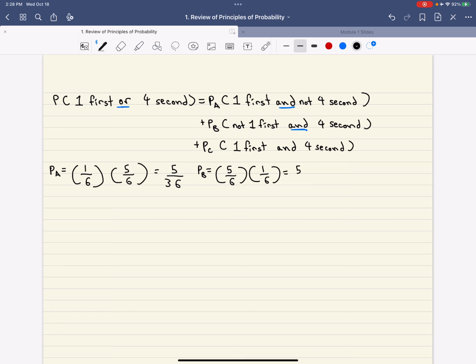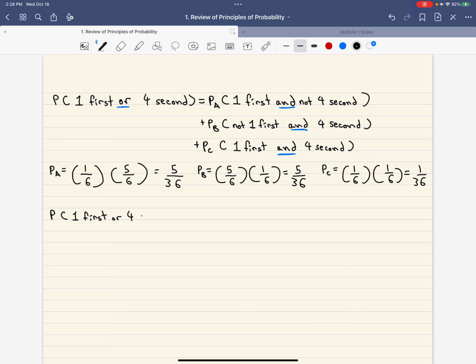So PB is also 5/36. And then for PC, we're also looking at an AND situation here. The probability that we roll a 1 is 1 out of 6, and the probability we roll a 4 is also 1 out of 6. So this one's 1/36.